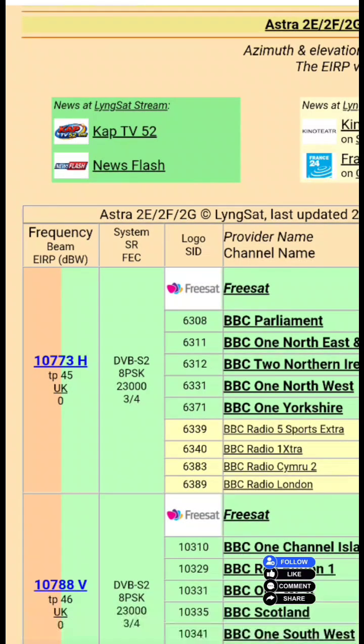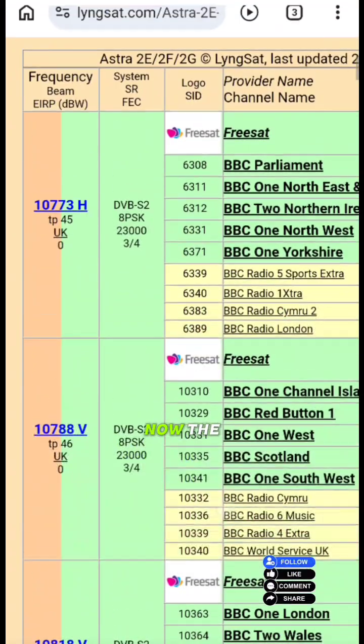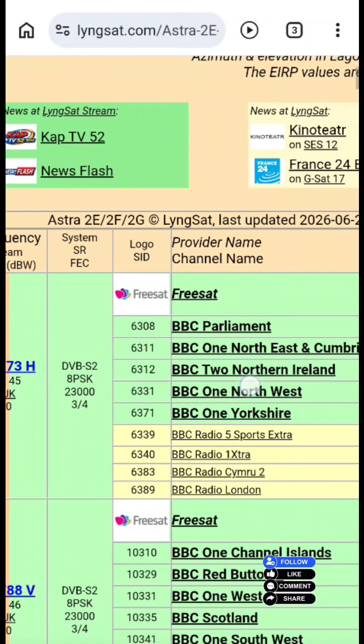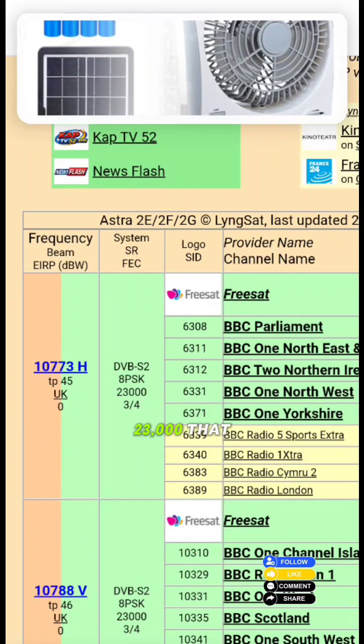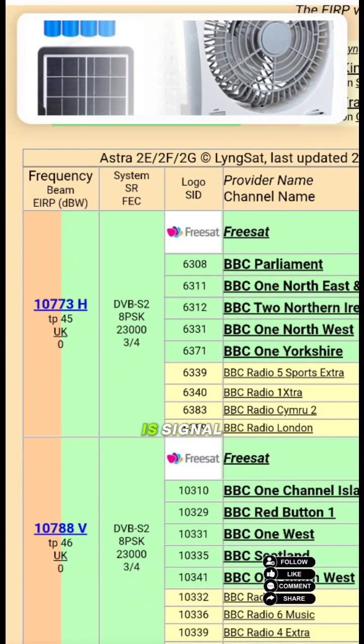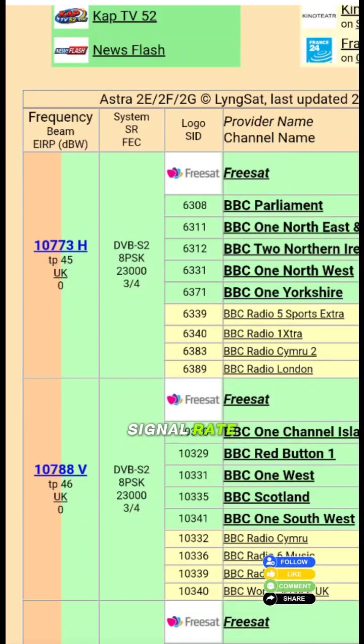Okay, now next you see 23,000. Most signals, when you get them online, you see in this form: 10773H 23,000. That 23,000 is the symbol rate. What is the meaning of symbol rate? Symbol rate is the speed at which data is transmitted.